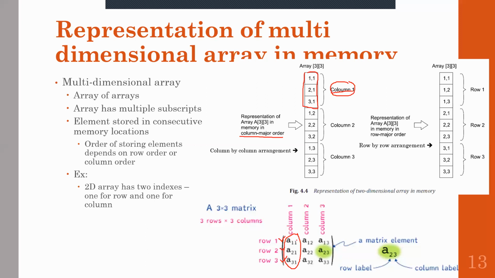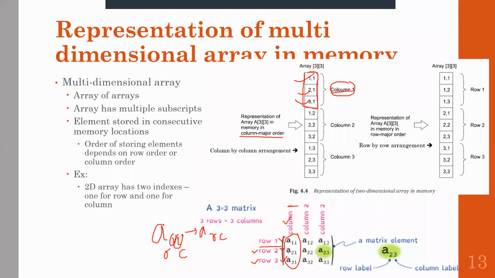When you are specifying A1, 2, this gives you the information row, column: this one is pertaining to row and this one to column. Here you store the element present in first row, first column. Next is second row, first column, and the third element is third row, first column. So all these three elements are stored.